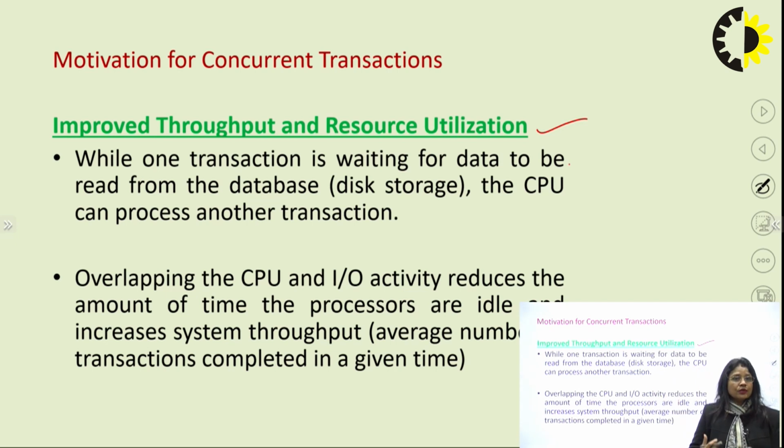This is better, more efficient utilization of the resources. Overlapping CPU and input/output activities reduces the amount of time the processors are idle and increases system throughput, right? So this is a better way to improve throughput and resource utilization. This is the main motivation for concurrent transactions.